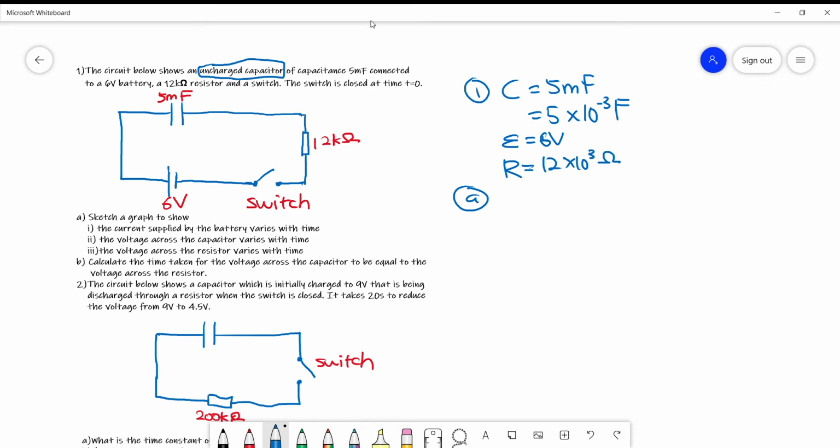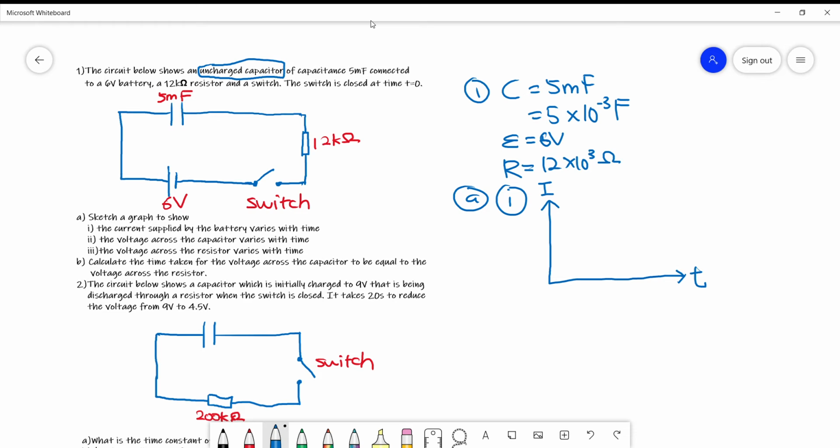For question A, sketch a graph to show how the current supplied by the battery varies with time. We know that this circuit shows us the charging CR circuit, so we need to draw the graph of the charging CR circuit. This is the current and this is the time.